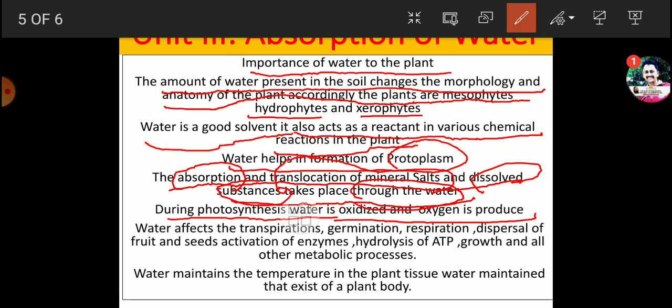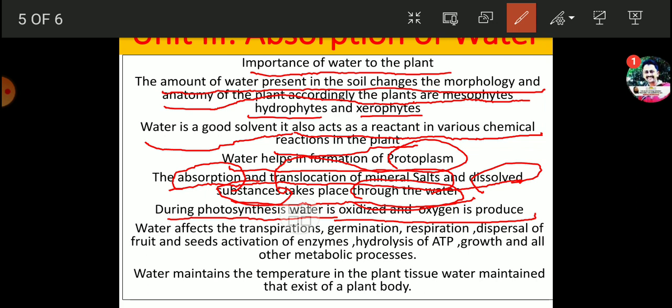Hill is the name of the scientist who proved that the depletion of a water molecule takes place during photosynthesis, and from that water, oxygen is released into the atmosphere, isn't it? So we know that the plant releases oxygen, but where does that oxygen come from? Because of splitting of water molecules, isn't it?